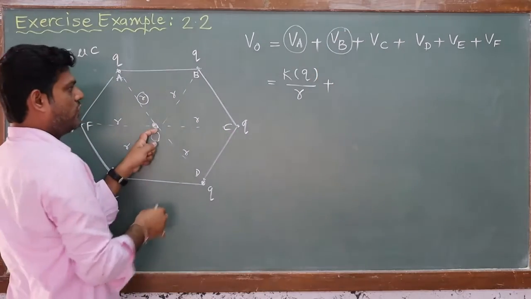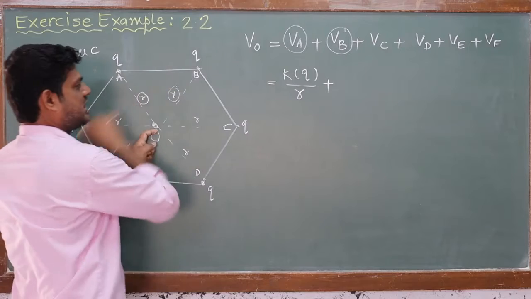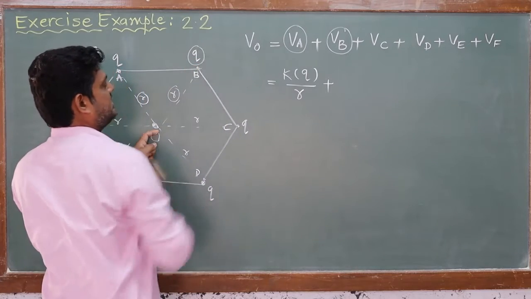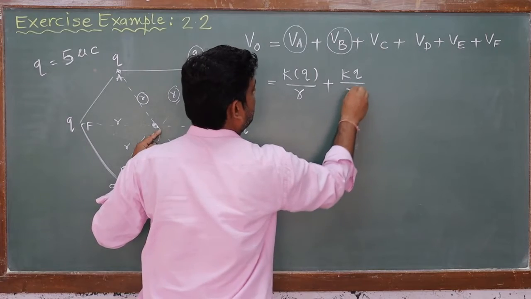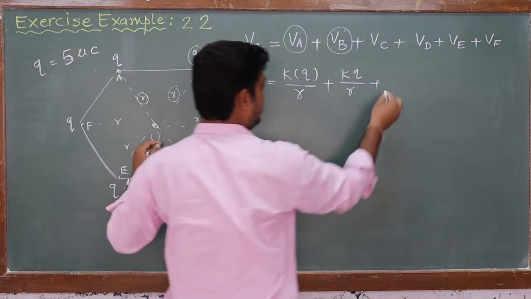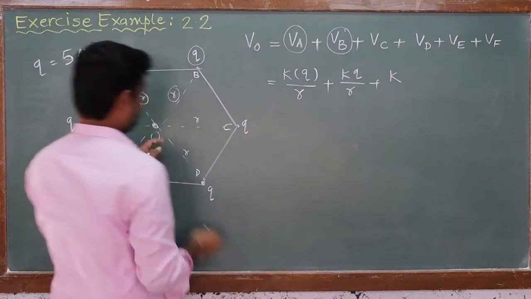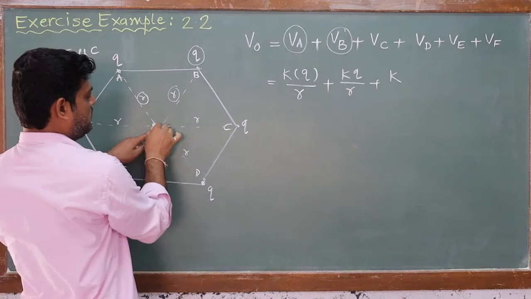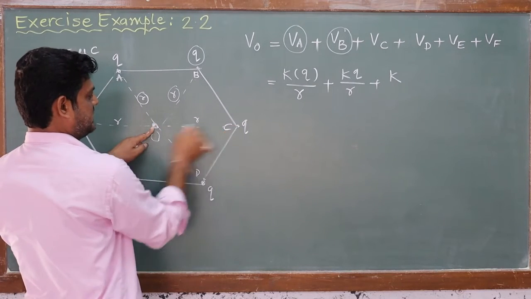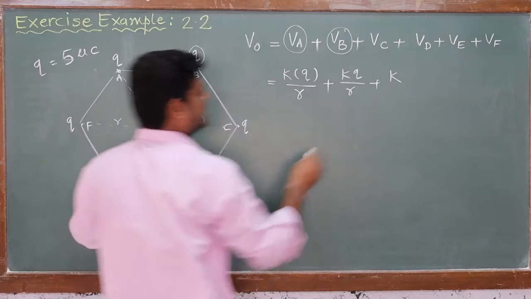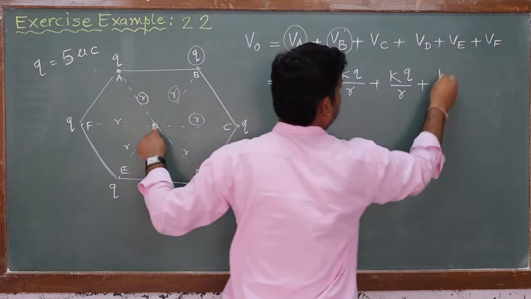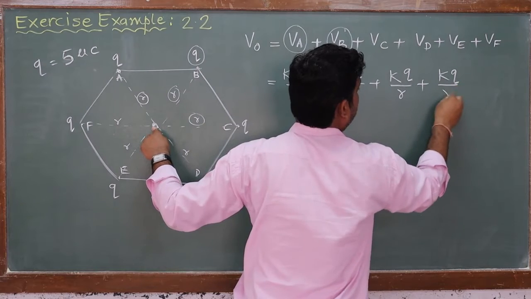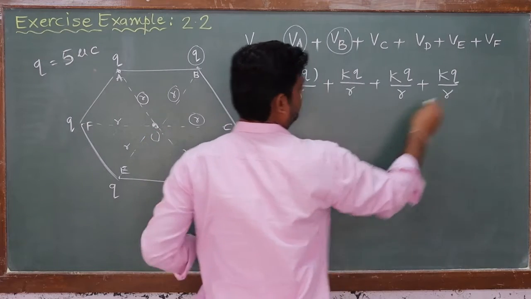Potential at point O due to B. Distance is R, point charge is Q, so we will write KQ by R. Right? Again, due to C, the potential at point O, distance is again R, so we will write KQ by R. Similarly we will write KQ by R.